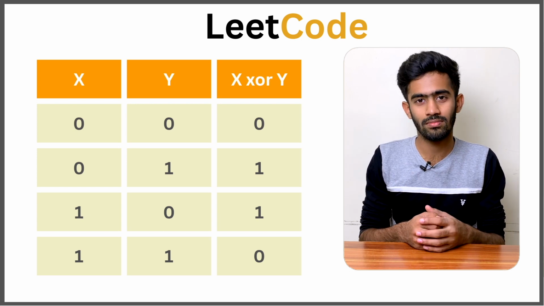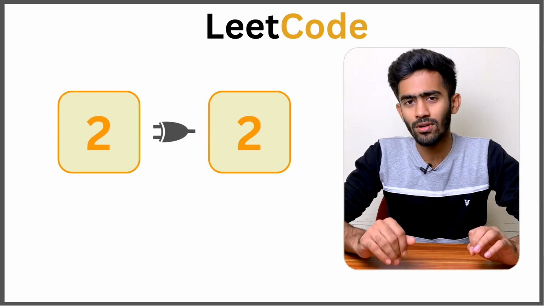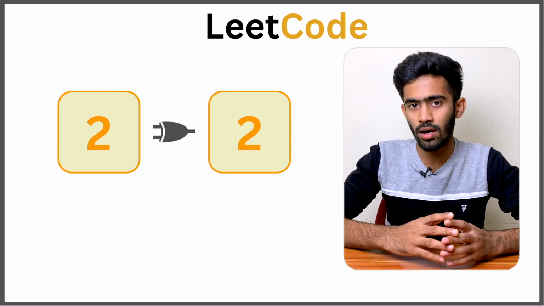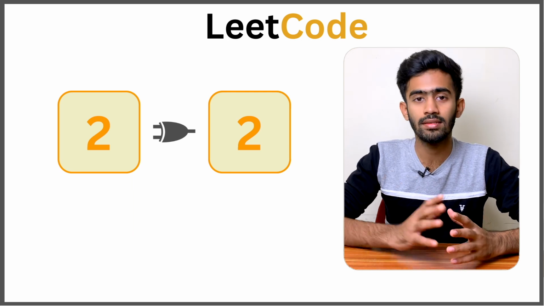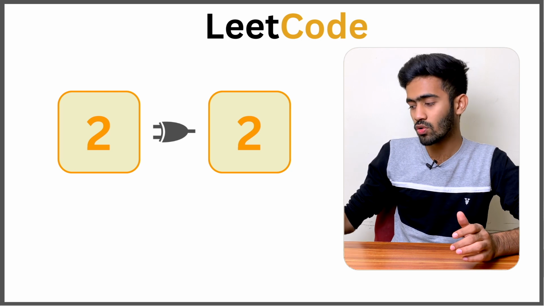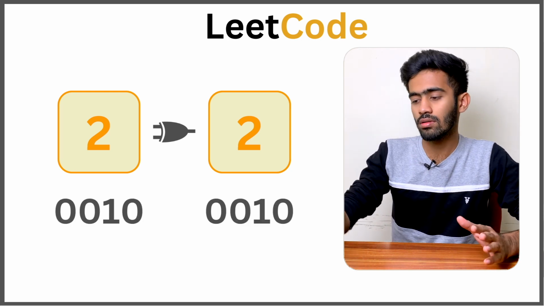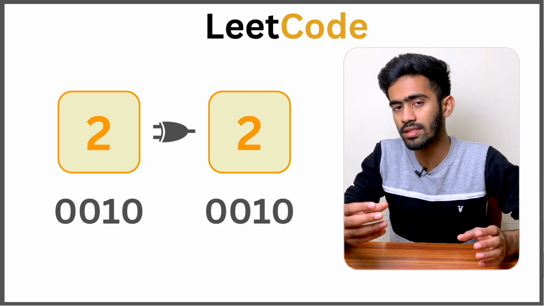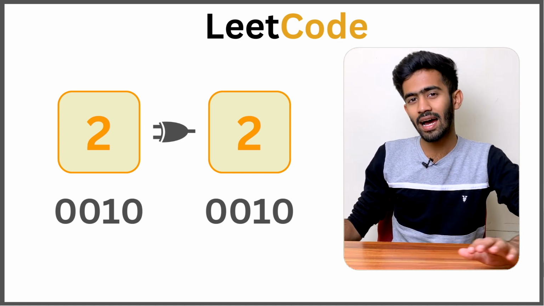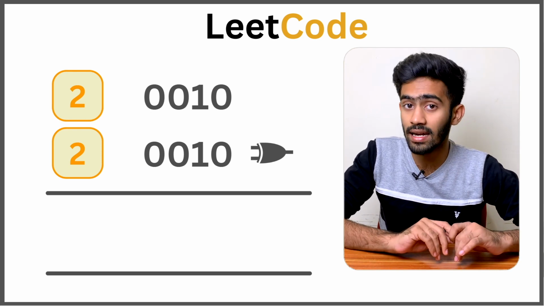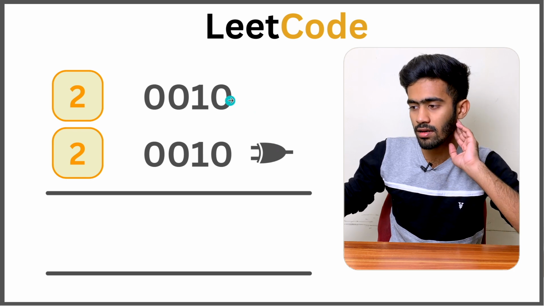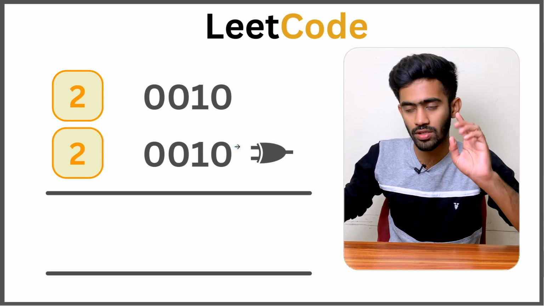So how do you solve it? Let's get to an example here. 2 and 2. As I said earlier, this is a bitwise operator, hence we are going to convert these decimal numbers into binary bits. As we know, 0010 is the binary representation of the number 2. Let us take those bits and get started with applying the XOR operator. Here we have 0 and 0 as the first bit.